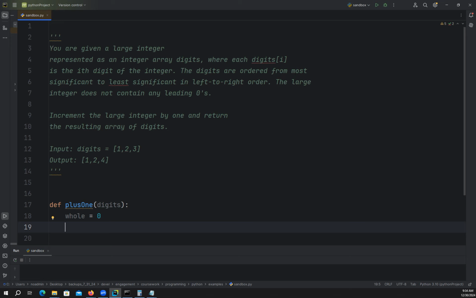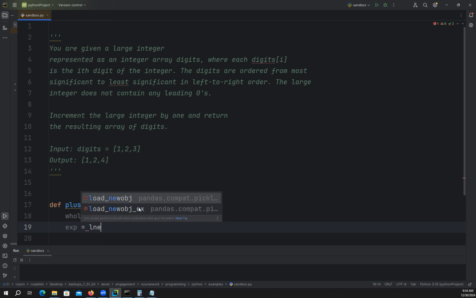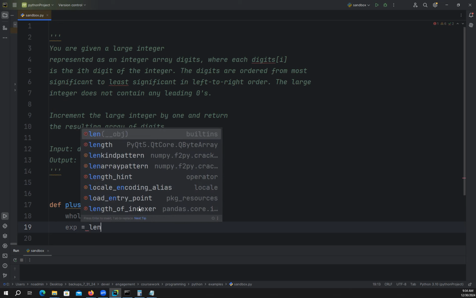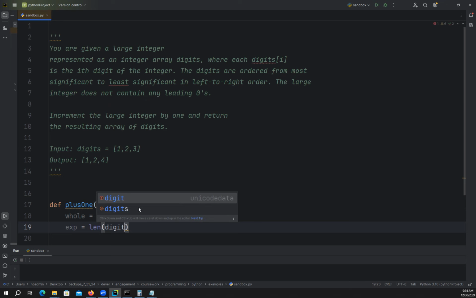I'll call it exp, and it'll be the length of my input. Digits is the input list. So I'm going to get the length of that list minus 1, as I was saying before when I showed you the write-up demonstration of the algorithm.